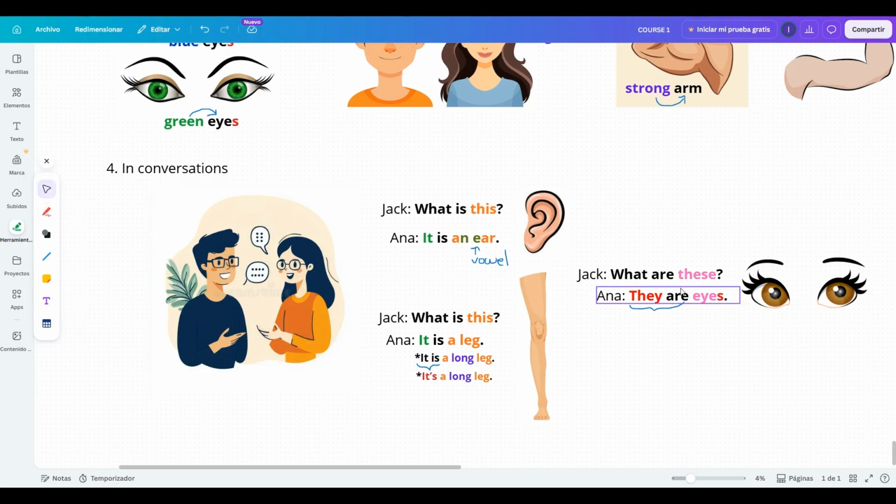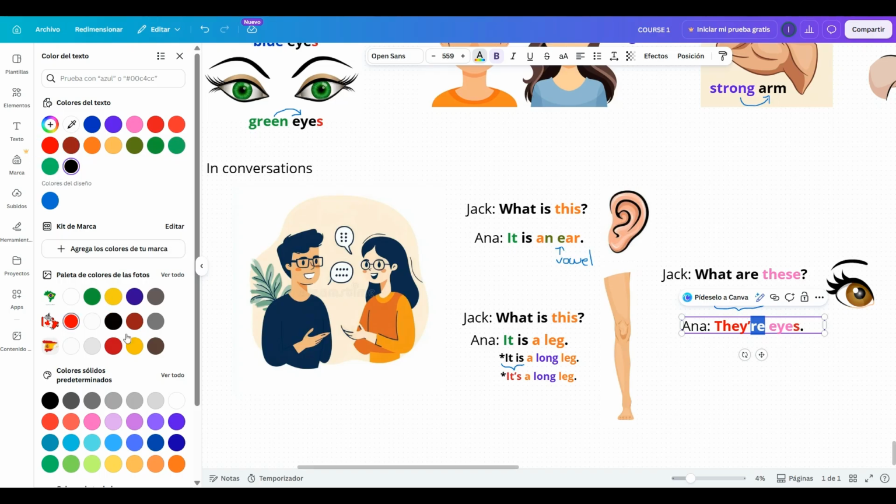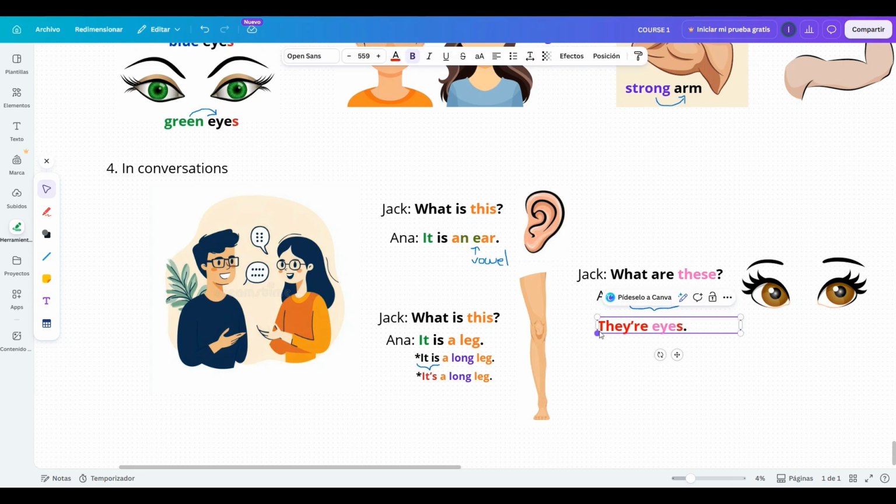We also use contractions here, right? What is the contraction? We say their eyes like this, yes? Their eyes. For contraction. Sorry. I almost forgot this, right? Their eyes. Contraction.